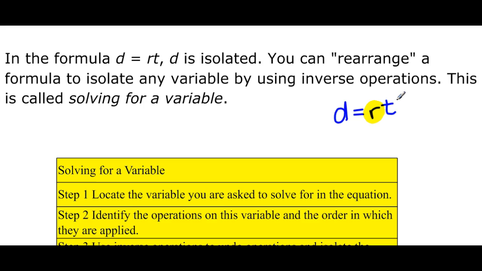To get rid of something that's multiplied by T, I would divide by T. These T's cancel out. And my new formula would be D divided by T equals R. The difference is, in the original one, the D was isolated, so you solved for D. In the second one, the R is isolated, so this equation is solved for R.